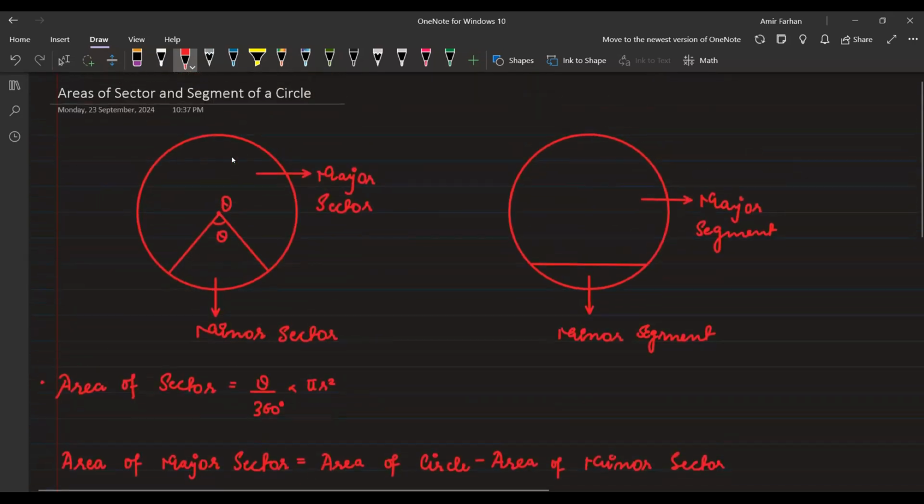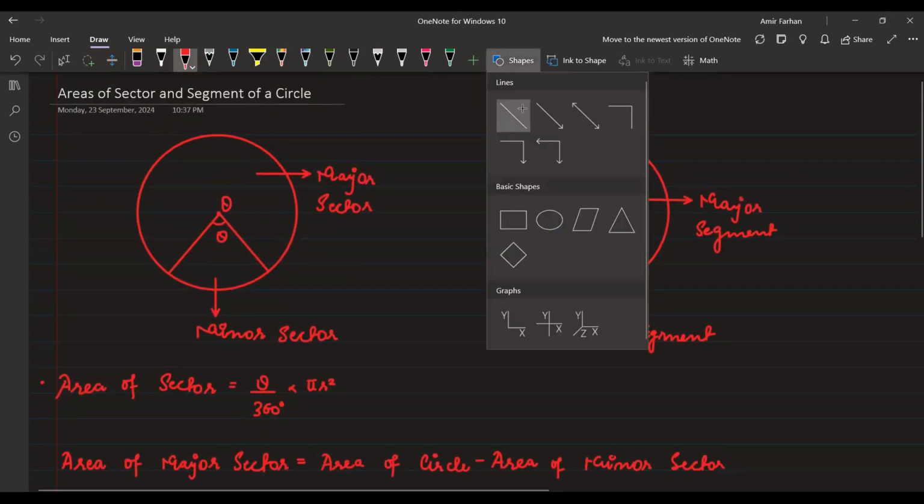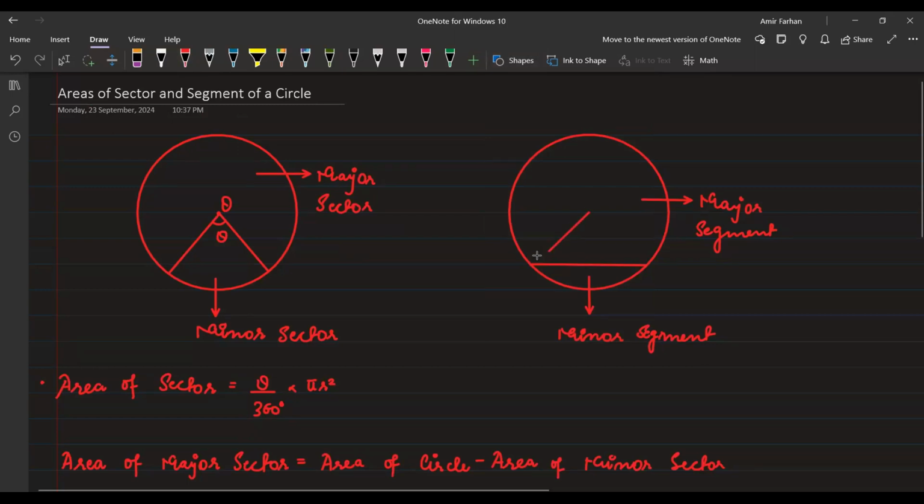Now, Gianna, if you need to calculate the area of a segment, how to calculate it? In this, trigonometry will be used, the applications of trigo. As you can see, this is the total area of the sector.